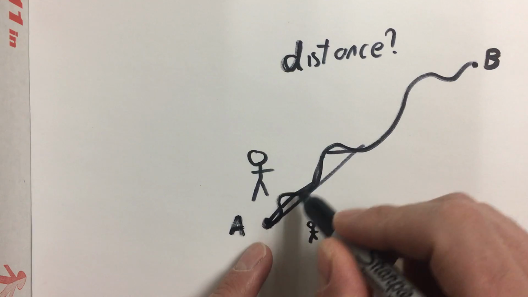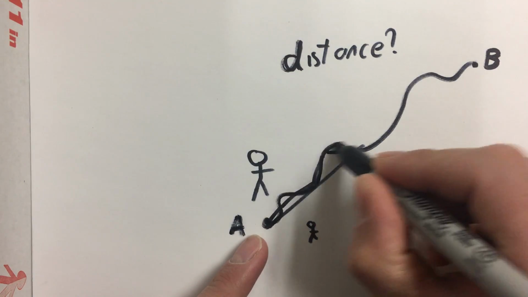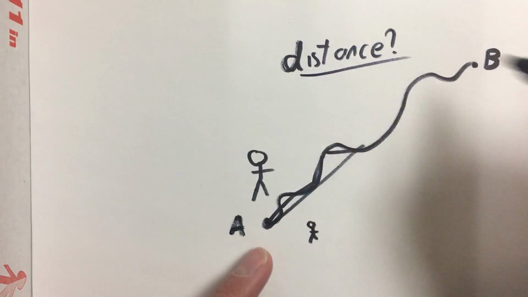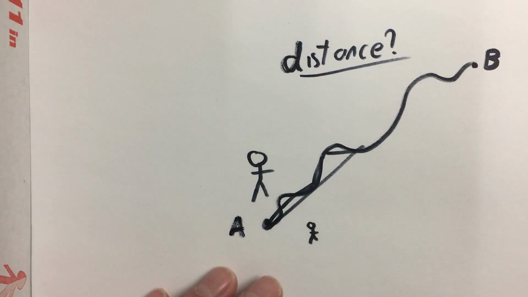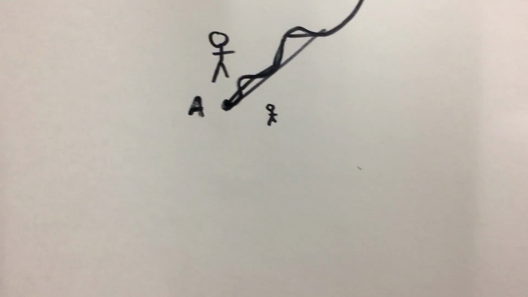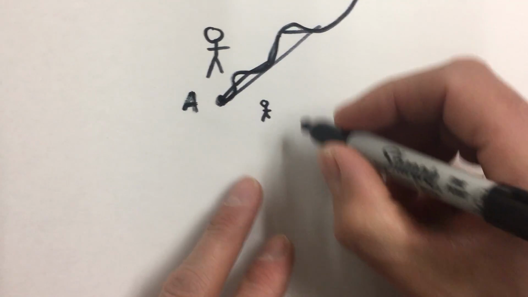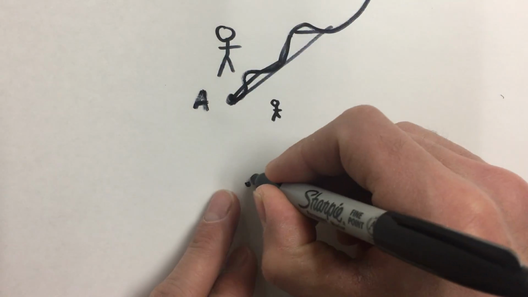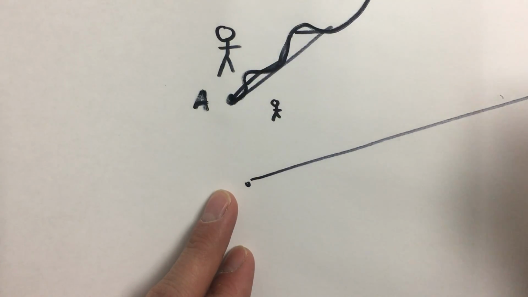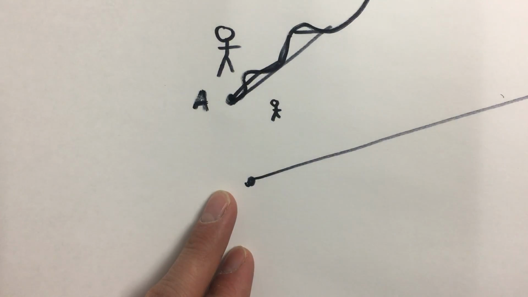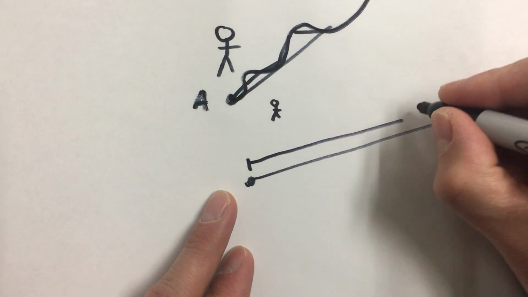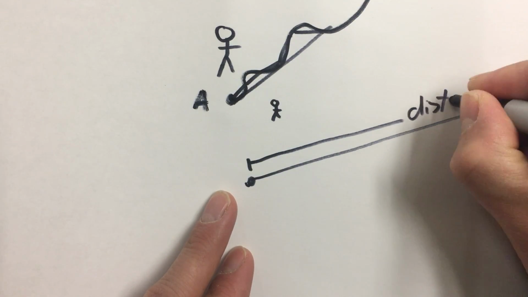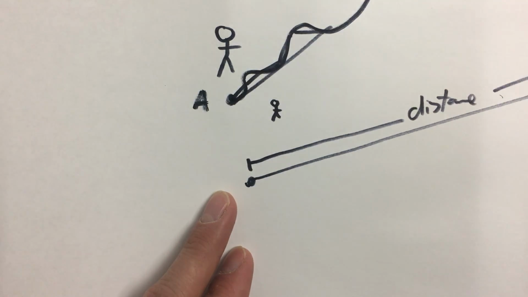So depending on the resolution, depending on how closely you look, the apparent distance can seem to change. To clarify that idea, if you were to take that curve and stretch it out, that stretched out length is the distance that the snake has traveled.